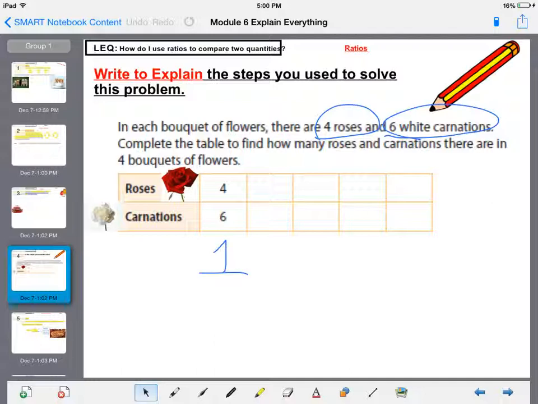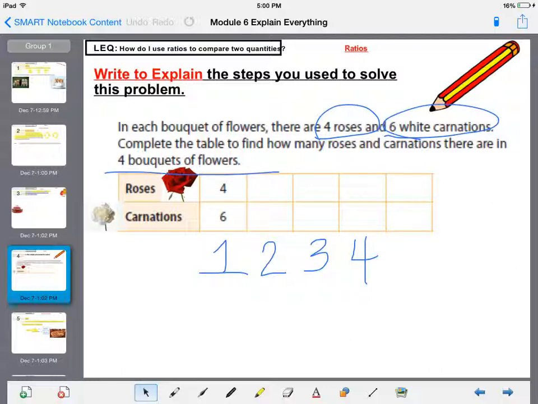They tell us to complete the table to find how many roses and how many carnations there are in 4 bouquets of flowers. So in order to complete this table, I'm going to go ahead and represent the different bouquets. This is going to be bouquet 2, 3, and 4. And even though they give me up to 5 bouquets, and I can complete up until 5, I'm only asked about 4 bouquets. So I'm going to stop there.